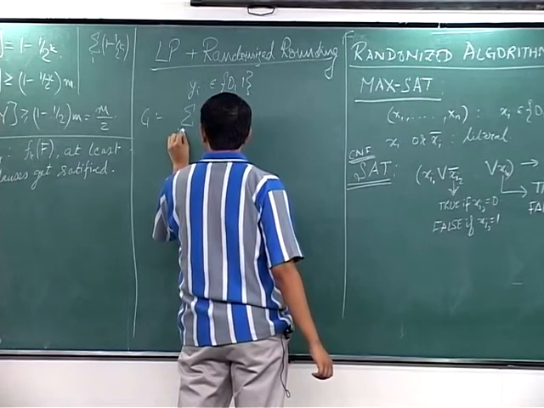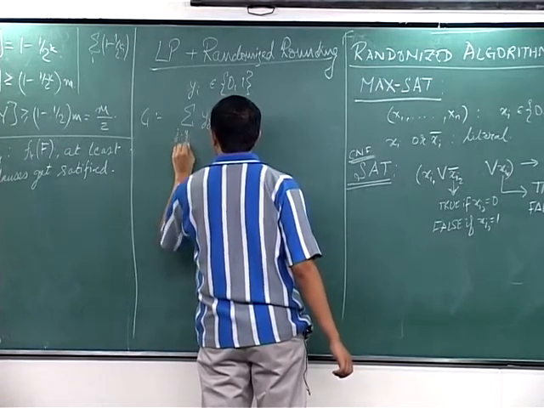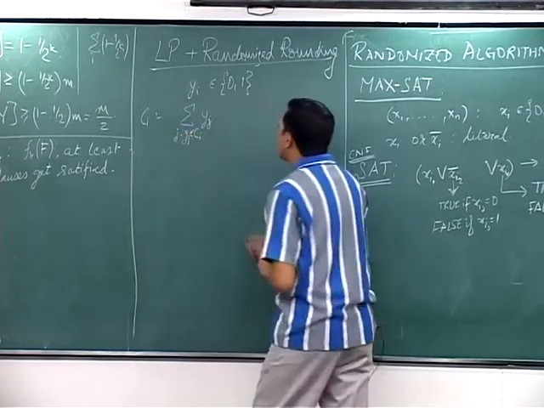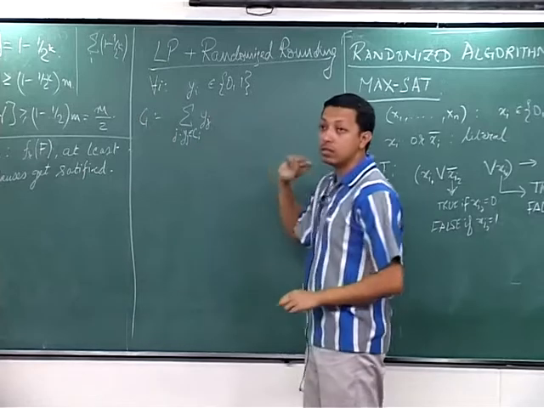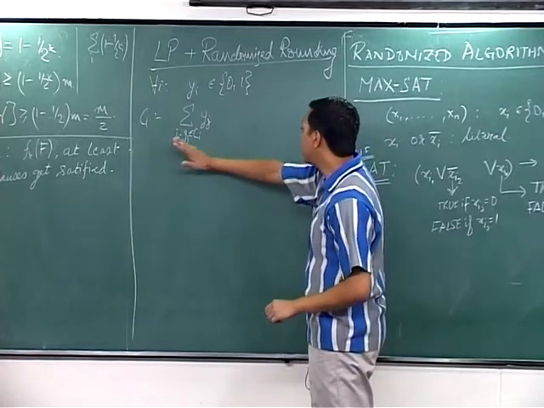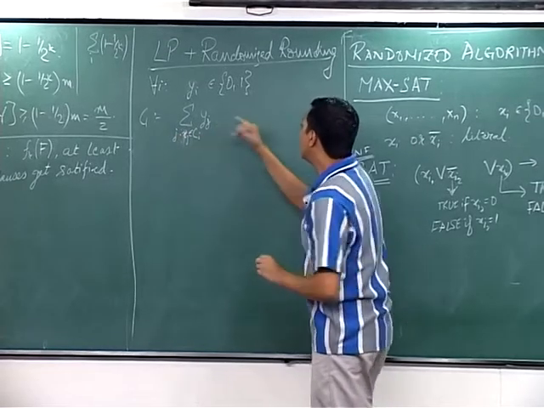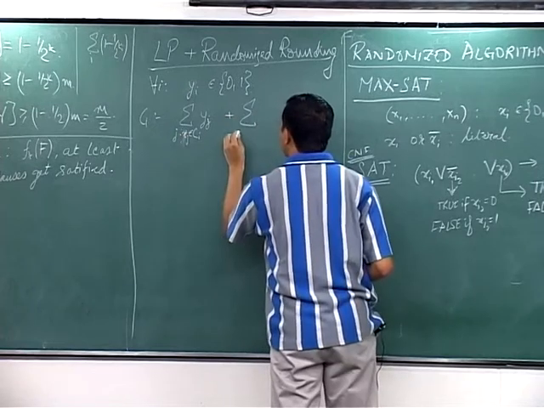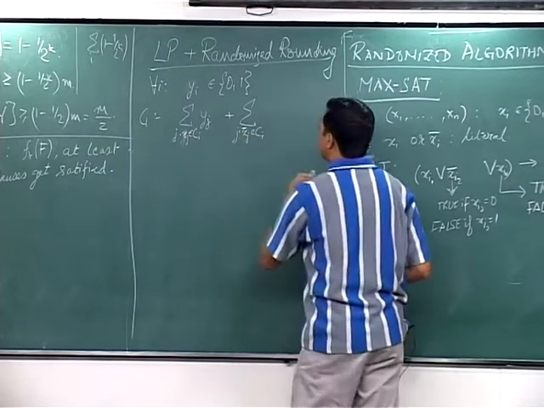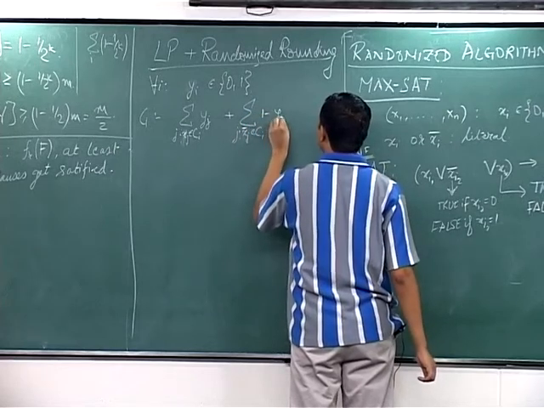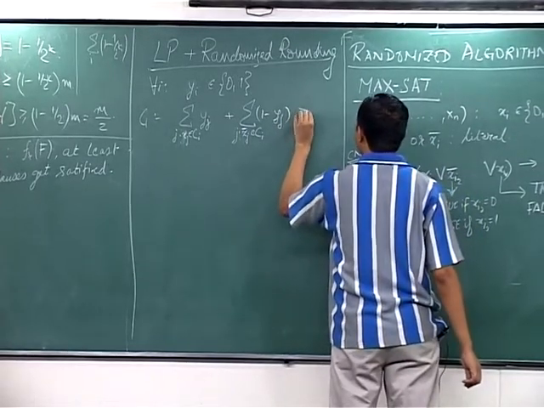All the j's such that, if the variable xj appears as xj in clause ci, you take yj, and if it appears as xj bar, then you take 1 minus yj, and what you are saying is that this sum is at least 1.